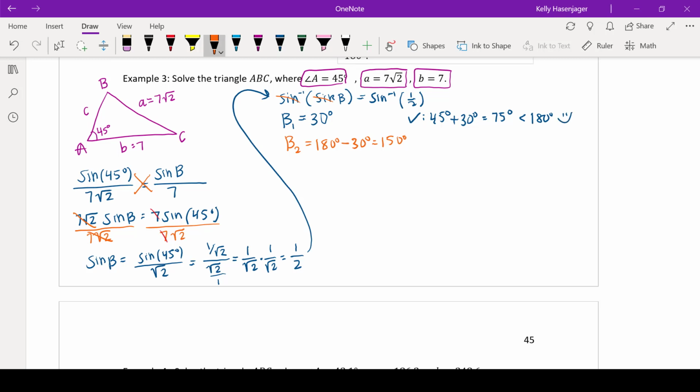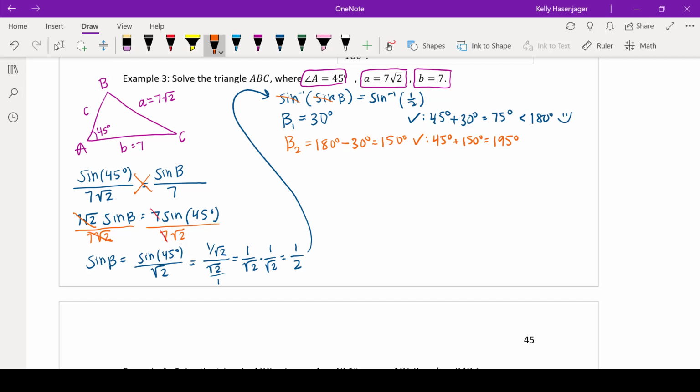Now similarly, we want to check our other possible b value. So we're going to add our original given angle, A, 45 degrees, plus 150 degrees. If we add that, it's 195 degrees. That's way too big.